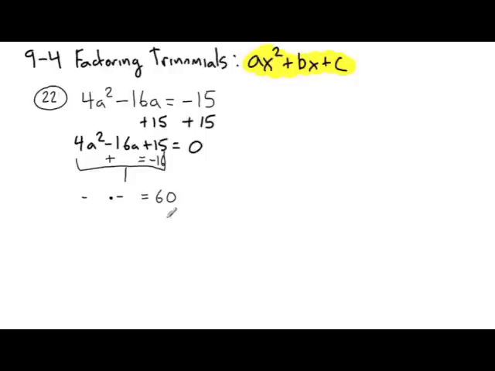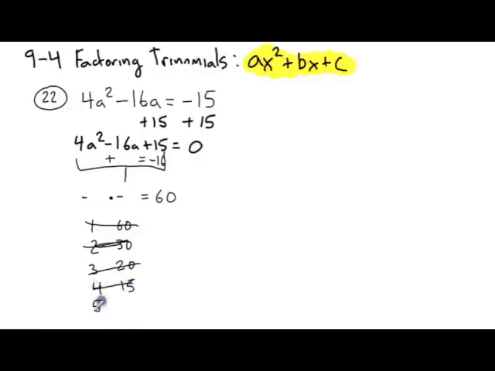We're just going to do a little trial and error. So we're going to have 1 and 60. There's no way I can add these up or subtract them to get 16, so I know it's not that. There's 2 times 30, which is also 60. I can't do anything to that to make it negative 16 or even 16. 3 times 20, nothing I can do. 4 and 15, that's pretty close, but that's not going to give me it.